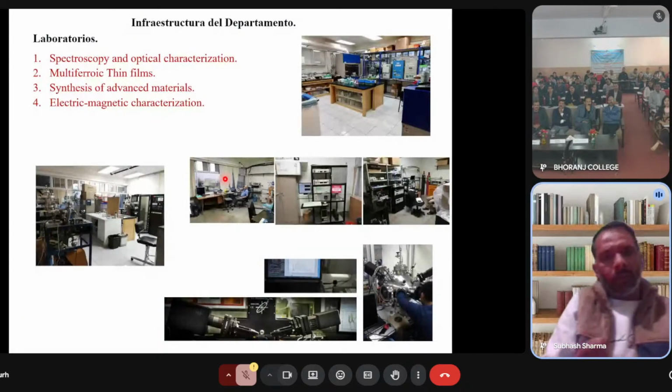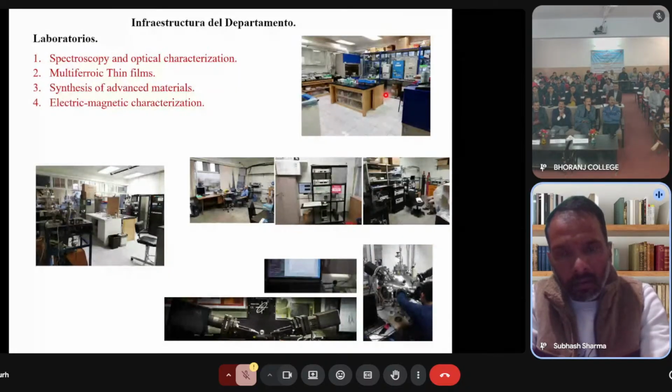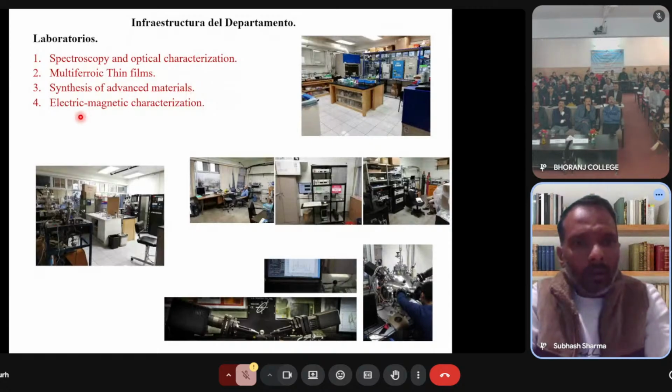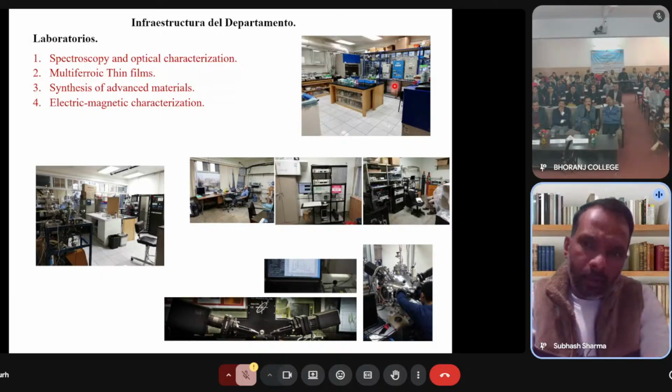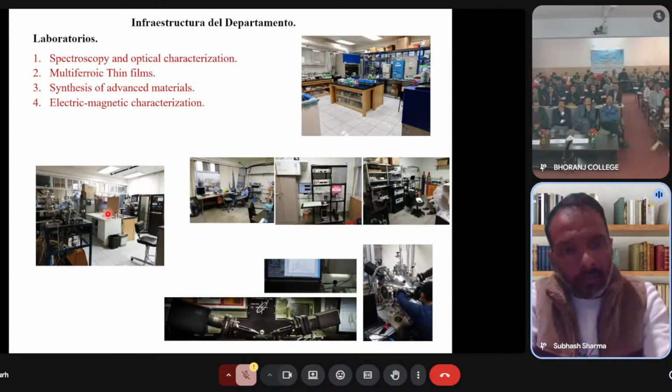So in Ensenada, Mexico, I have this lab. Basically, we are working on multiferroic materials, bulk, nano and thin films for device applications. We have different labs. This lab is dedicated only to the synthesis of nanomaterials, and this lab is dedicated to thin films.